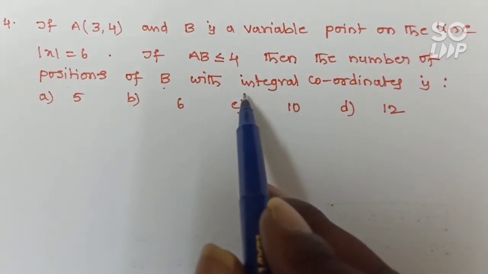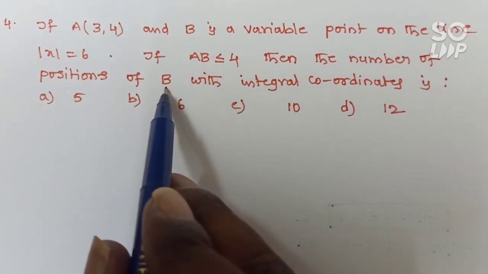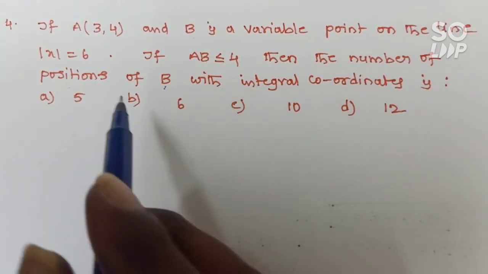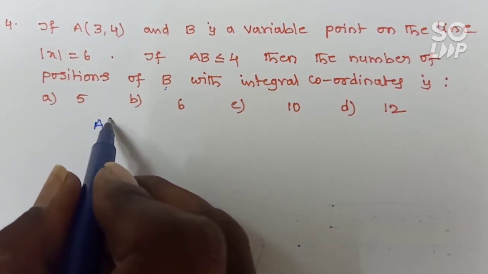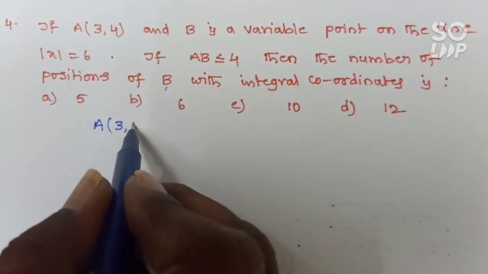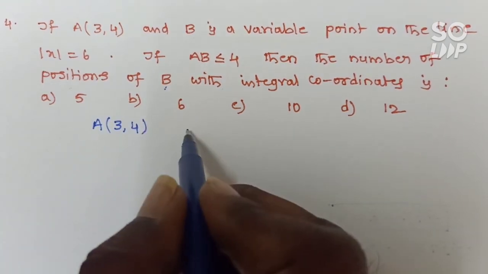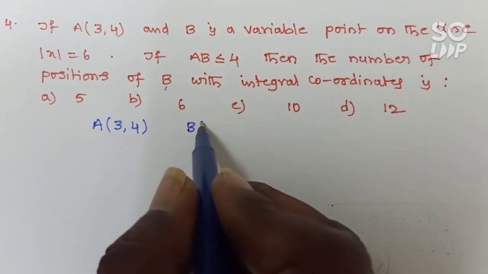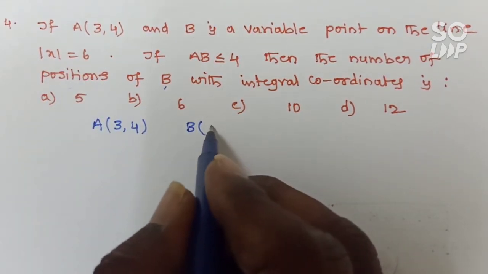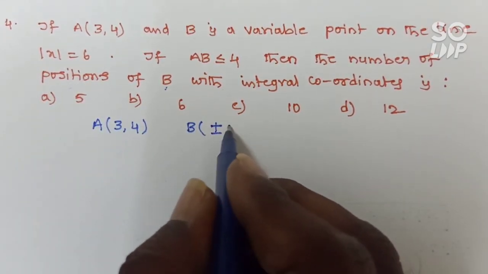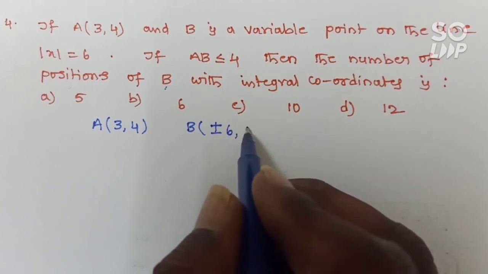Integral coordinates means that B's coordinates must be integers. So now you see this one. What is the first given point? A is (3, 4), the given point, and B is the variable point. So modulus of x equal to 6 means the x value will be plus or minus 6. The y coordinate is the unknown value.